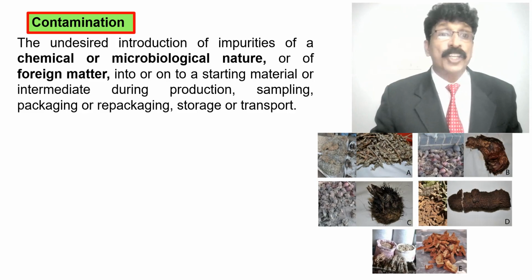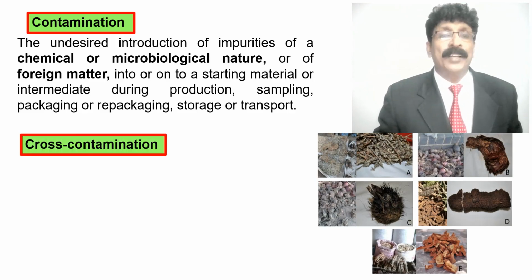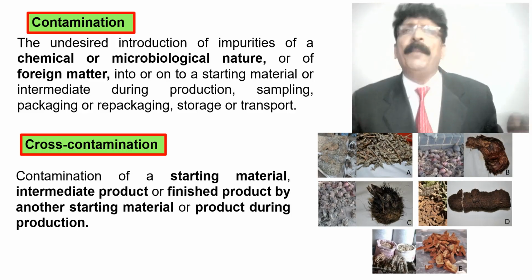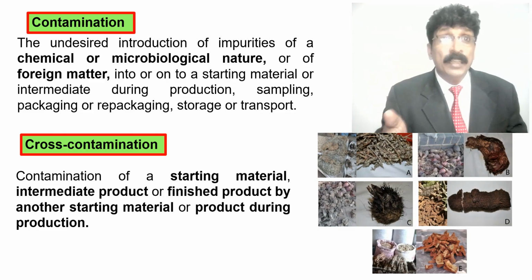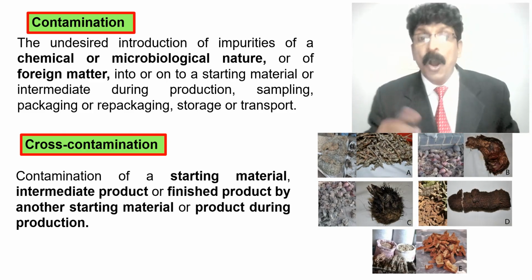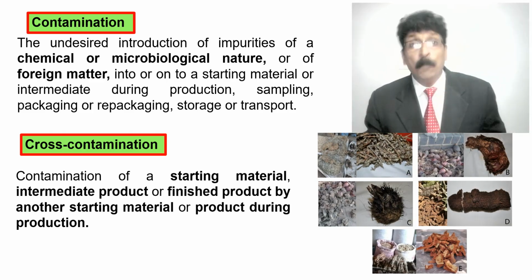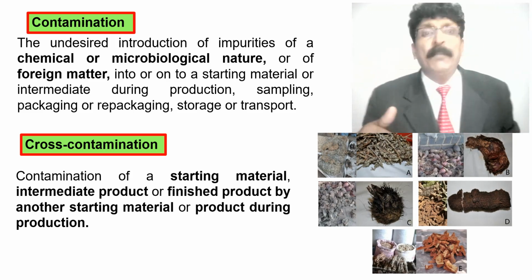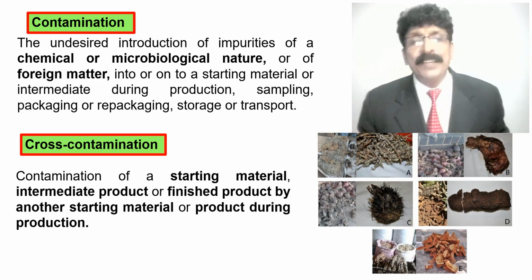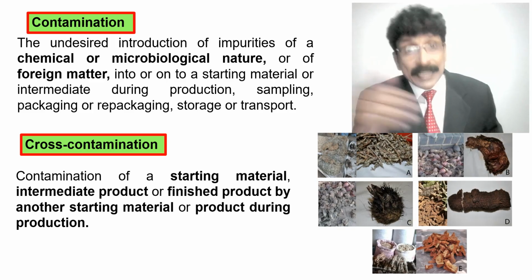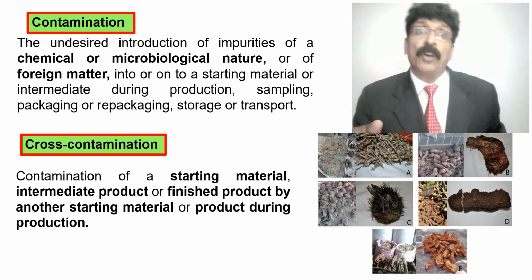They are said to be contamination. Cross-contamination means contamination of a starting material, intermediate product or finished product by another starting material or product during production, getting some impurities.